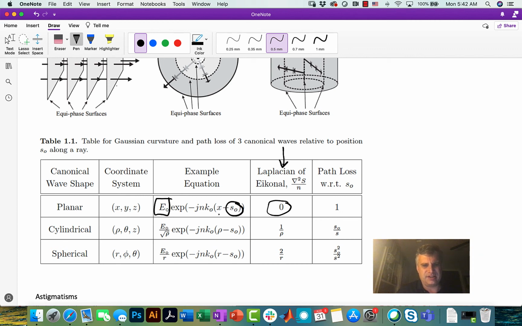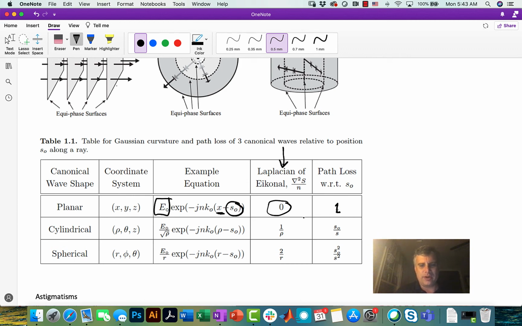In this case, it's going to be the x direction, but it could be any direction. My path loss is going to be 1. I'm not going to lose any field strength or power density in this plane wave. If I did my Poynting vector calculation, I'd find it would be a constant no matter where I was in space.